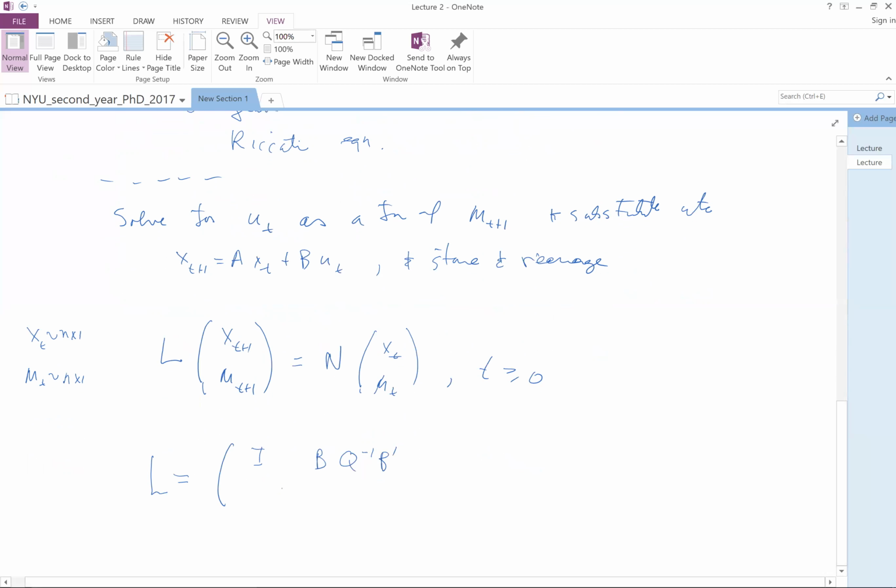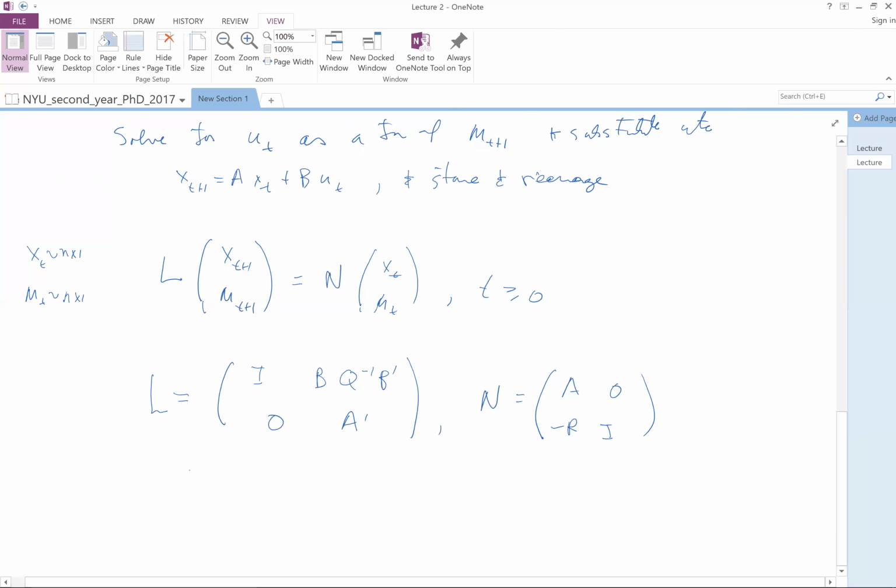Turns out to be this. In some literature, these are kind of famous equations, but it looks like this. And xt, that's our state, and mu t is often called the costate.